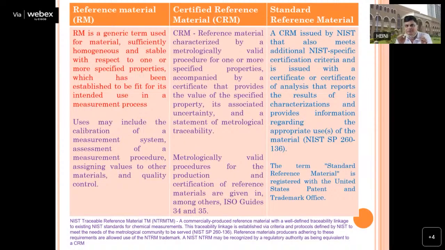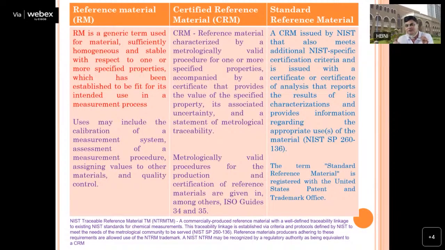Reference material is a generic term used for a sufficiently homogeneous material. Whatever material you get for preparing your standard solution for calibrations comes in the category of RM. If your lab has ISO 17025, it means you have been externally accredited by a reputed agency in the field of preparation of reference material, and then it is called a certified reference material.